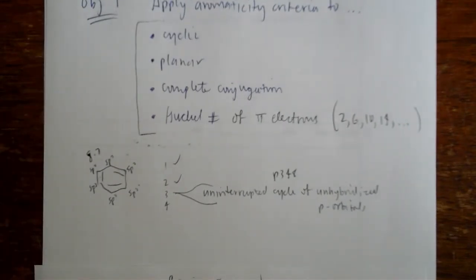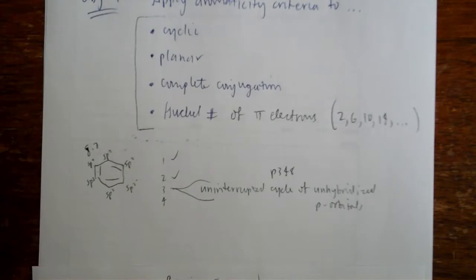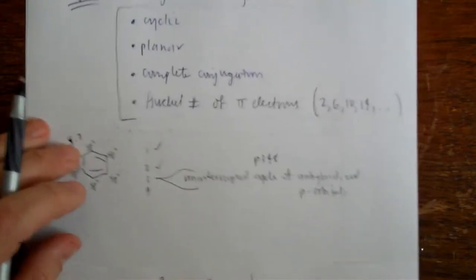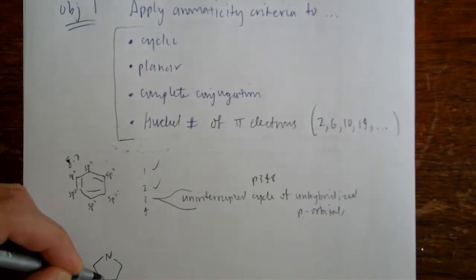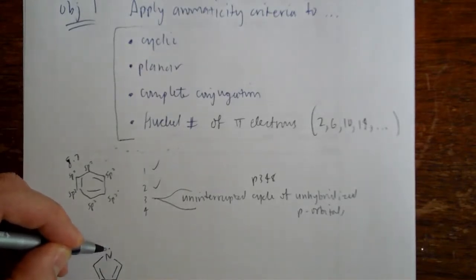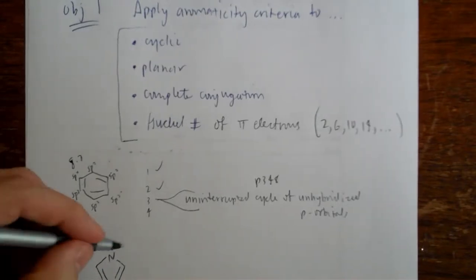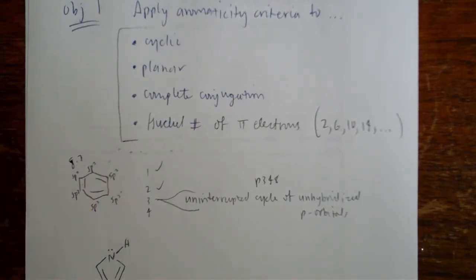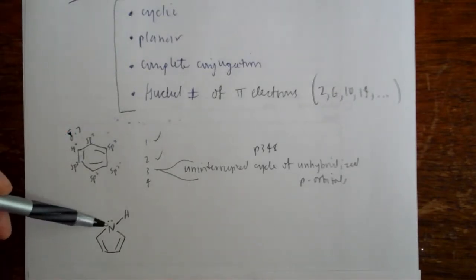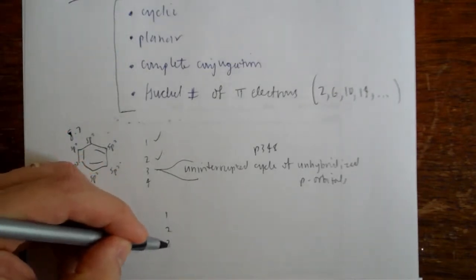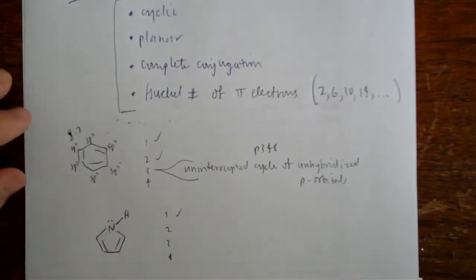Let's do that now also with, say, pyrrole. Pyrrole, it looks like this, and I just looked that up. It's not something you're supposed to know. Okay? And it's got a hydrogen on it too. Okay? So, is this cyclic? Yes, absolutely. 1, 2, 3, 4. Yes, it's cyclic, absolutely.